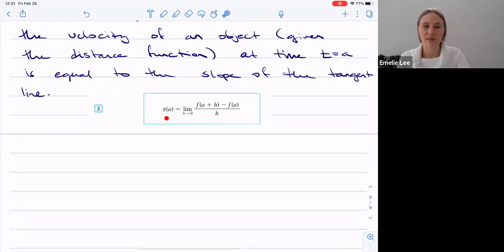So we've said that the velocity at some time point a behaves the exact same way as what we were just doing, right? So we need to know the function of the distance, right? Which was a little bit tricky in 2.1, but now we've seen that distance function, and so we're just going to use it again.